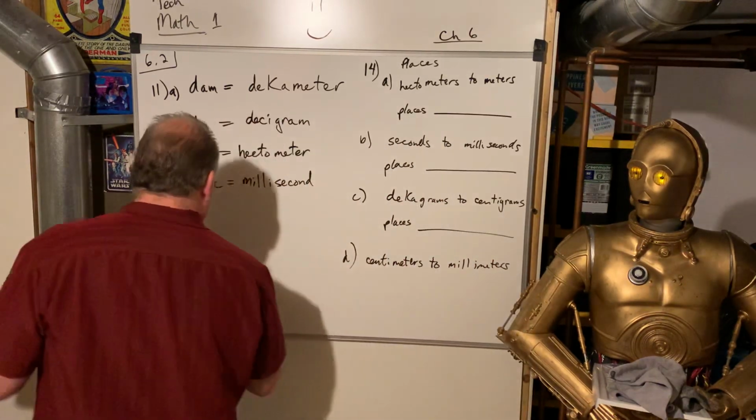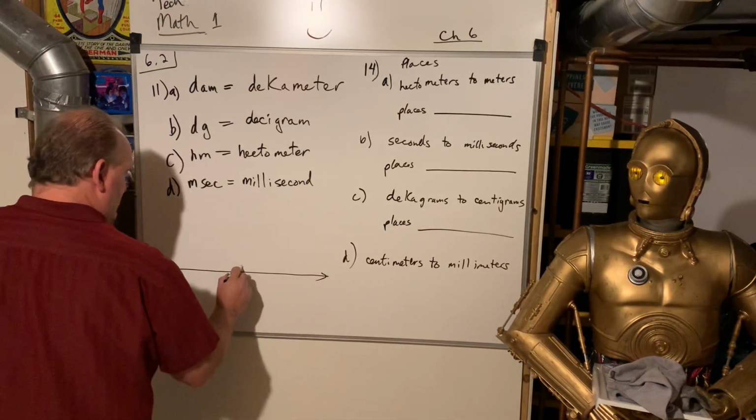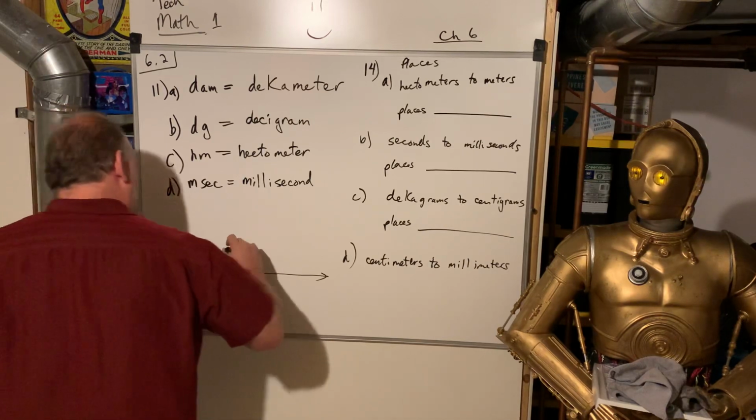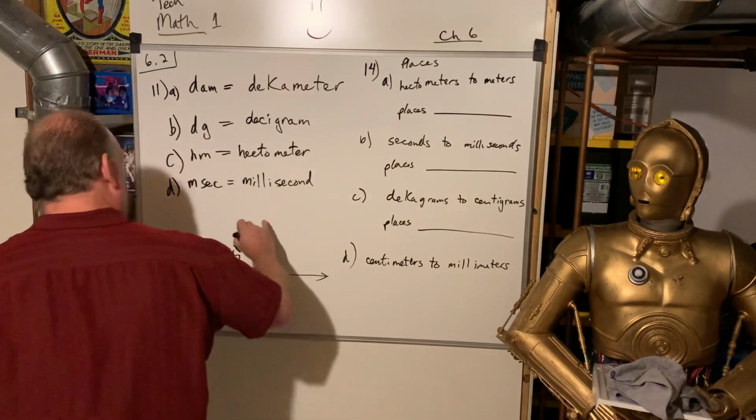And so here, we'll set up the little number line continuum thing. Here's your standard, that's like meters or whatever.